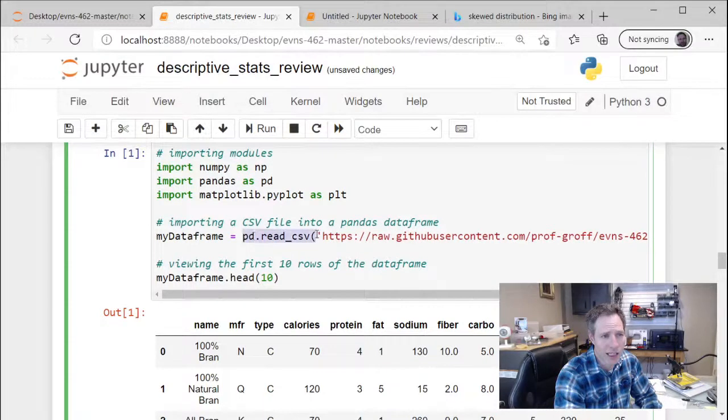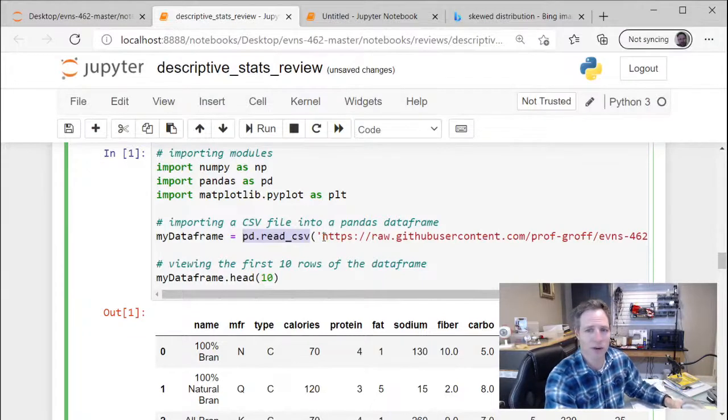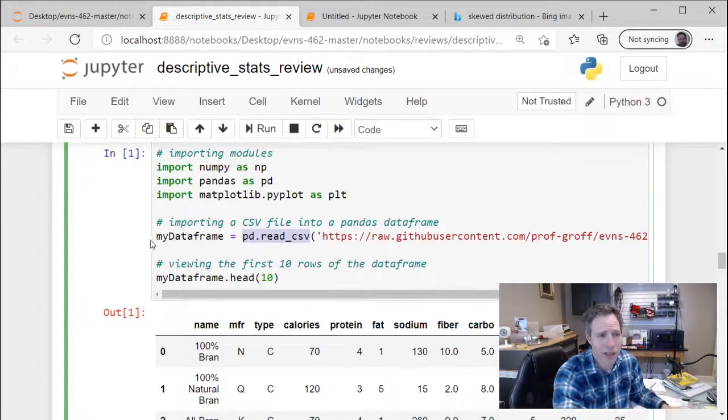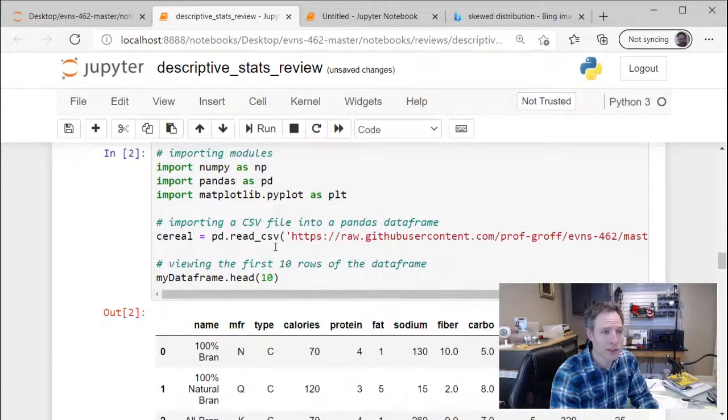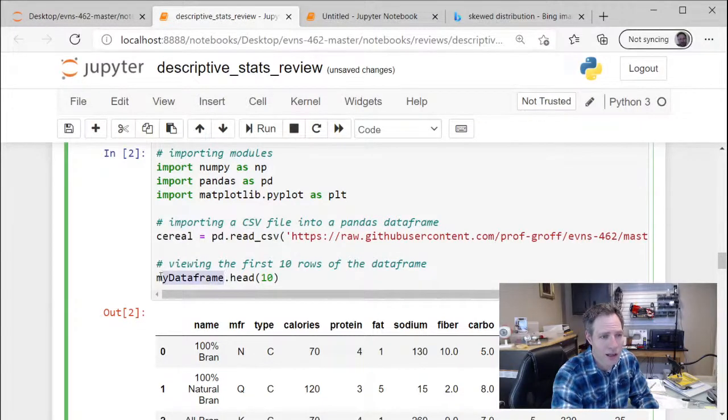And so I'm reading in a CSV file. In this case, there's a URL to this file because it's not on my local machine. And I'm saving that data as my data frame. I could call this cereal instead. It's just a name for my stored data.